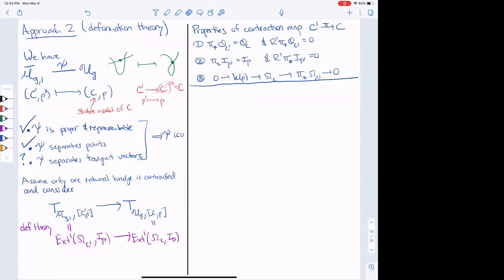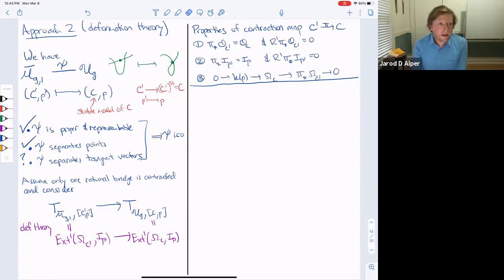Can I ask a clarification question? If the bridge weren't a rational curve, but of positive genus, this contraction would be very false, right? If you had a different curve, where this is maybe genus 2 with a marked point, then you wouldn't contract this. You would forget that point, but you wouldn't contract.